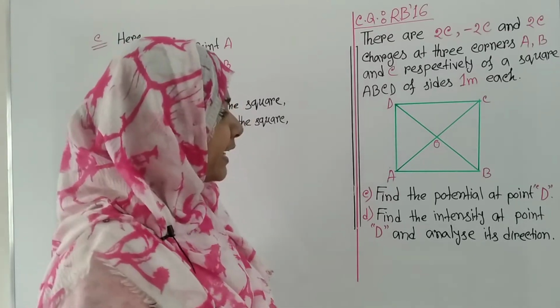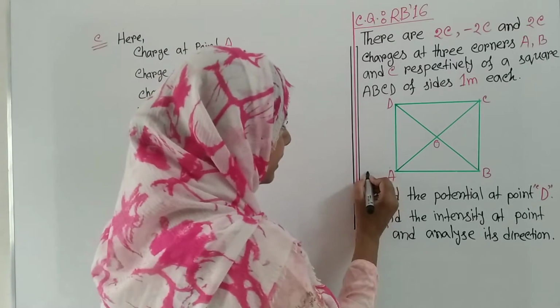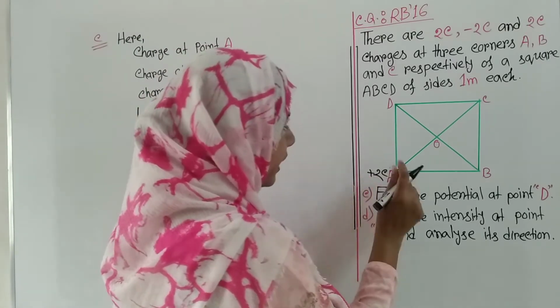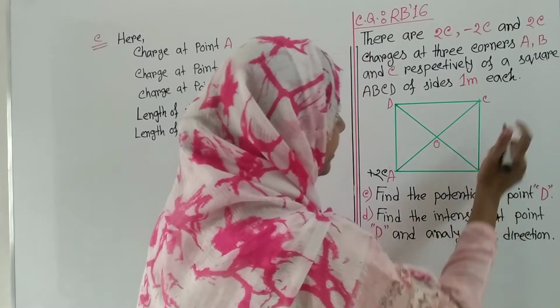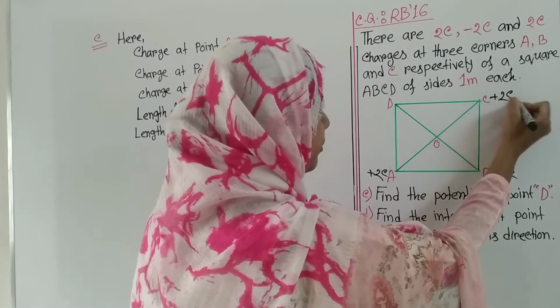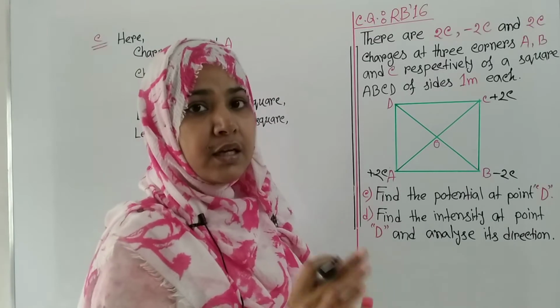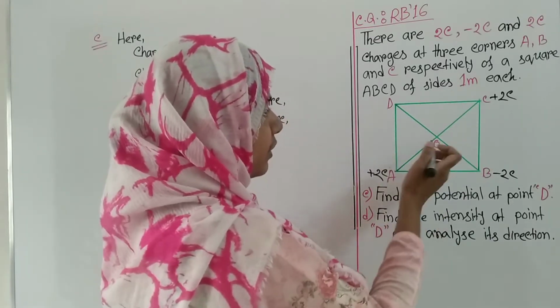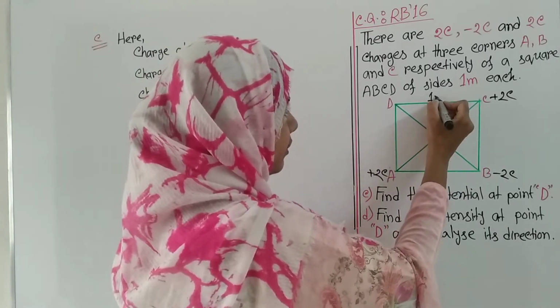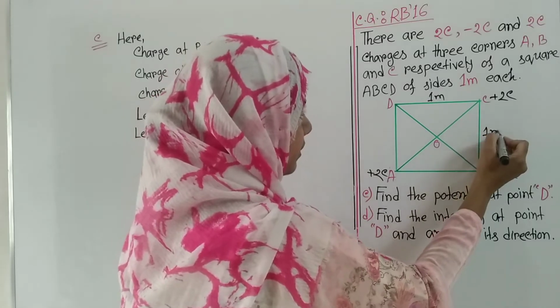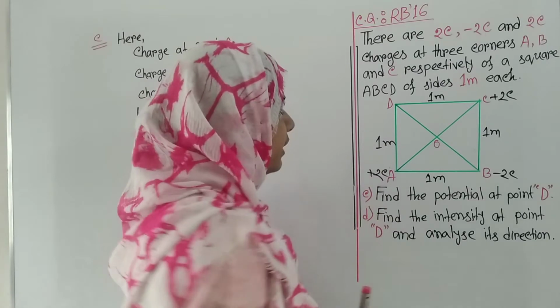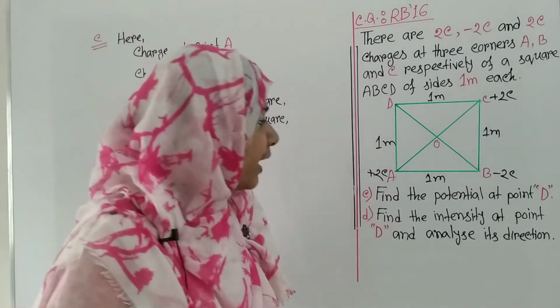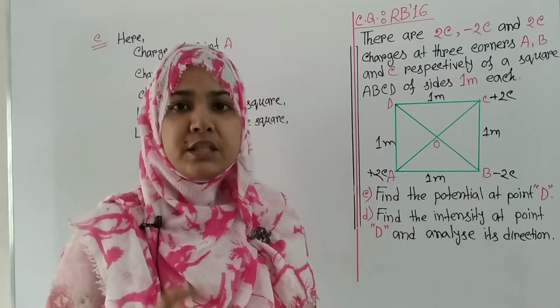That means they kept plus 2 coulomb charge at point A, minus 2 coulomb charge at point B and plus 2 coulomb charge at point C, and the length of each side of the square is 1 meter. Now question C is: find the potential at point D.